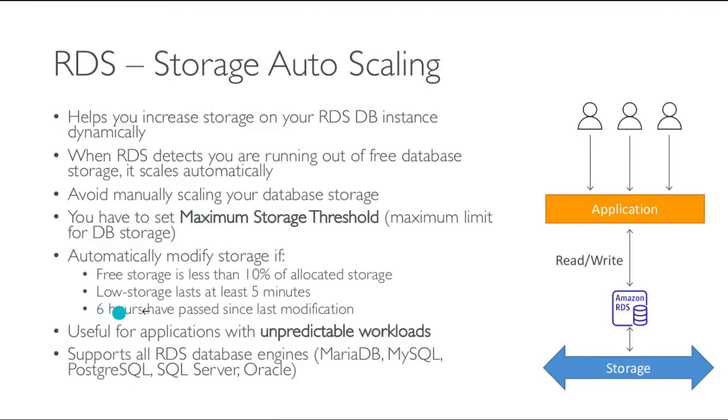Or if 6 hours have passed since the last modification, then it will automatically increase as well. So these are the 3 criteria to increase the storage automatically, and it is used for applications where the storage is unpredictable. Right, you don't know how much the storage will grow. Then you can select auto scaling because you don't want the application to be stopped when the data is in a large amount.